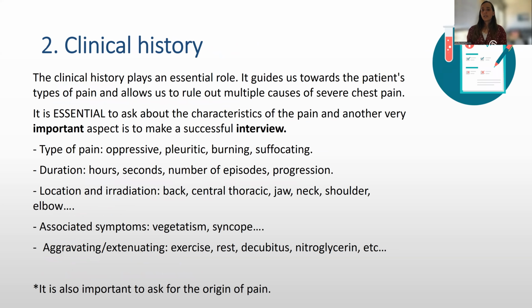So the clinical history plays an essential role because it guides us towards the patient's type of pain and allows us to rule out multiple causes of severe chest pain. So it's essential to ask about the characteristics of the pain, and another very important aspect is to make a successful interview.